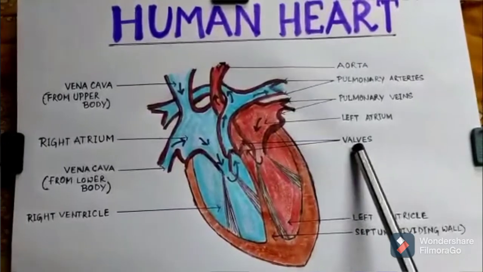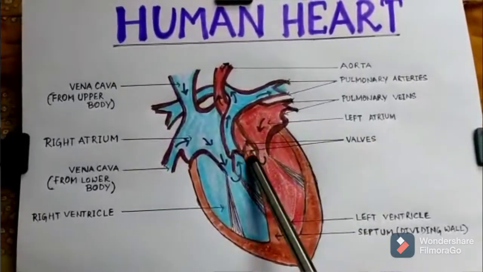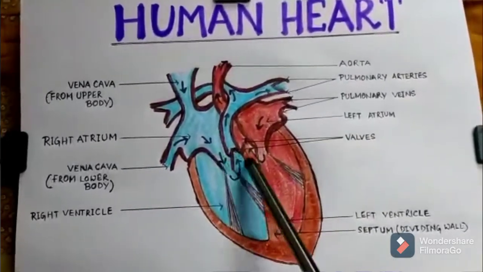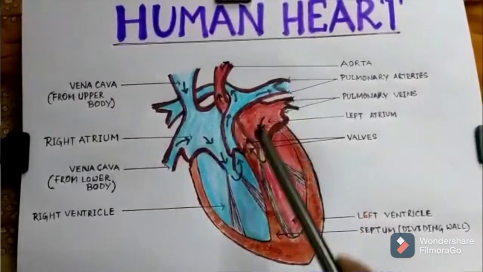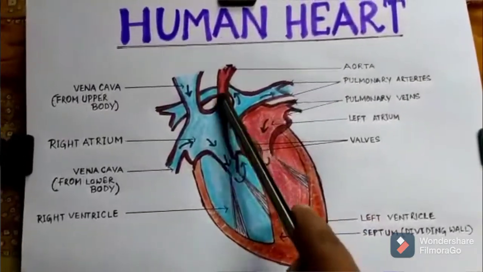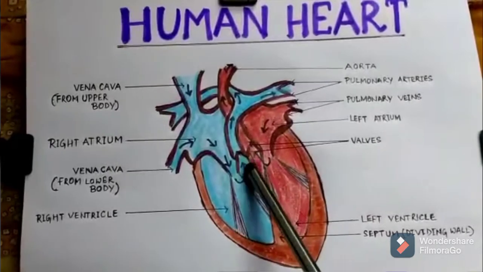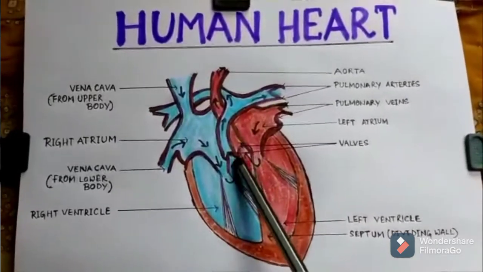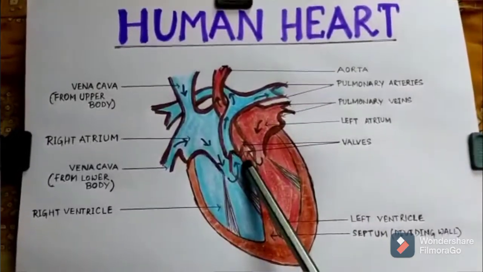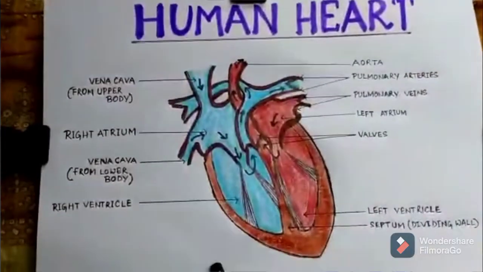Valves are present in the pulmonary artery and in the aorta. Their function is to prevent the backflow of blood. So this is all about the structure of the heart.